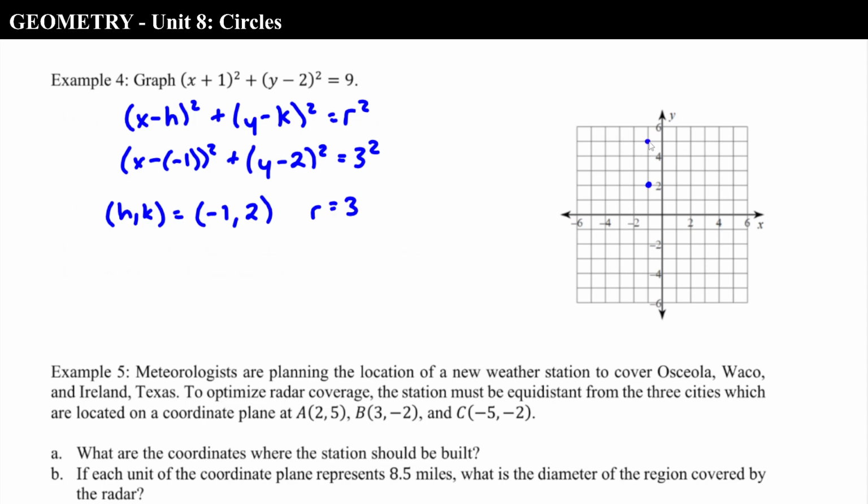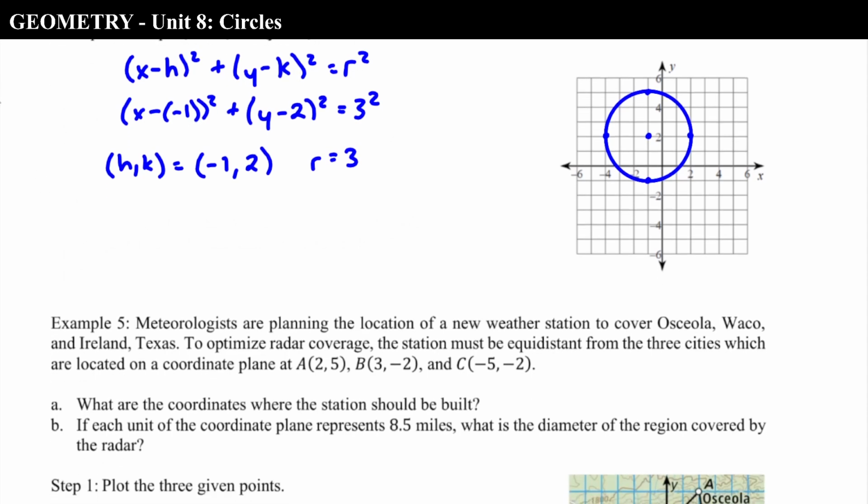So you go up 3, you go down 3, you go right 3, and you go left 3. And then from here, you can plot your circle by connecting those points. So this method is just a little bit easier to go through.